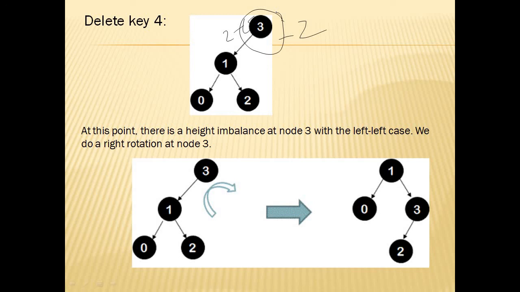It is LL, so LL means clockwise rotation. So simply I do the clockwise rotation here. The left child will come up, and 3 will go to the right side.